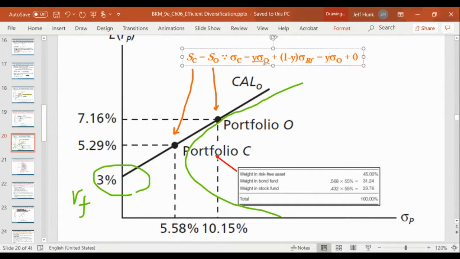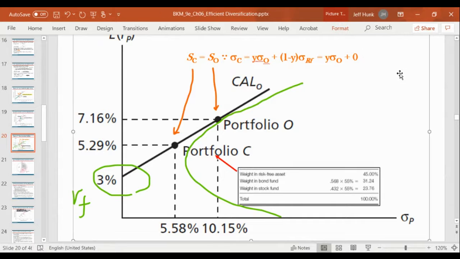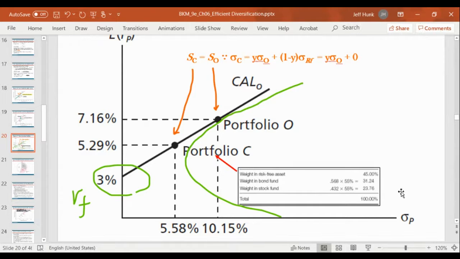So the standard deviation of the complete portfolio is the same as the standard deviation of the optimal risky portfolio, and the Sharpe ratio is the same, right?